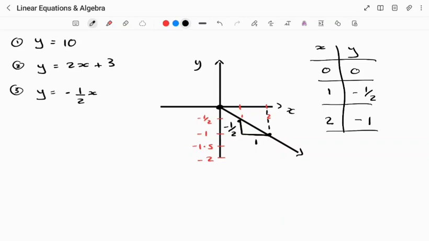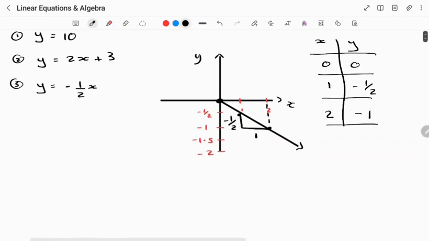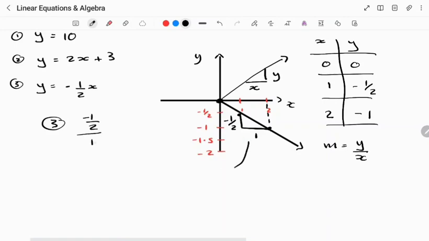It would be similar if our line was going up. For every unit of x, we're moving a certain number of units of y. Our slope, m, is y over x. In number 3, our slope is negative a half over 1, which we got from right there, which is negative a half.